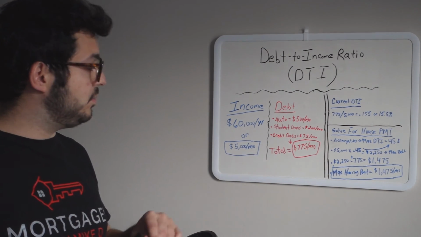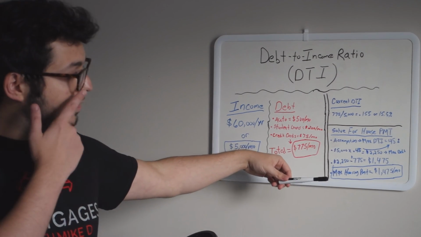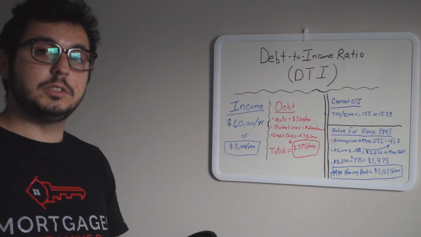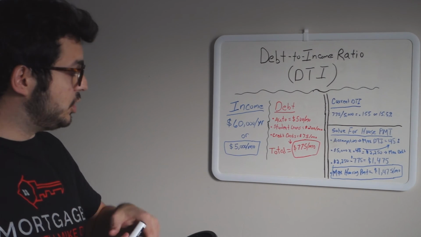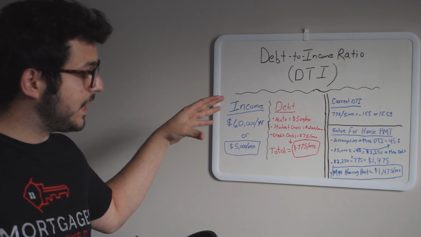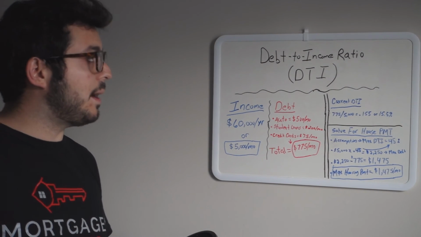Now, again, it's important to note that this is an example, okay? It's always going to depend on your specific profile and situation. So just use this as an educational tool and resource when you're thinking about buying a house.